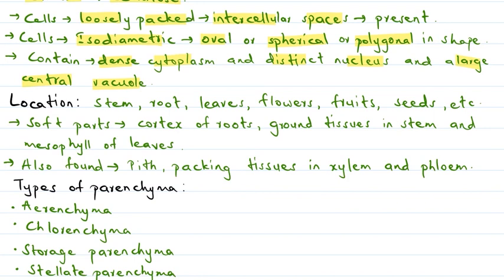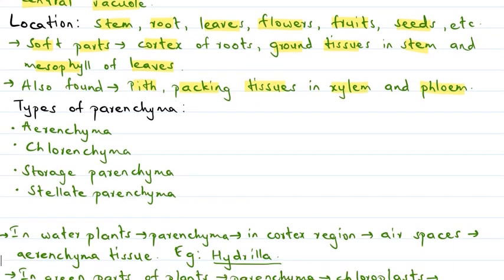They are distributed in all parts of the plant body, such as stem, roots, leaves, flowers, fruits, seeds, etc. Then they are also present in soft parts of the plants like the cortex of fruits, in ground tissues, in stem, and then mesophyll of the leaves. And apart from these, they are also found in pith and in packing tissues in xylem and phloem. Then we studied about the different types of parenchyma tissues.